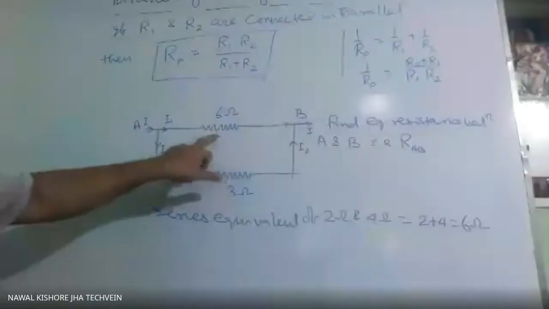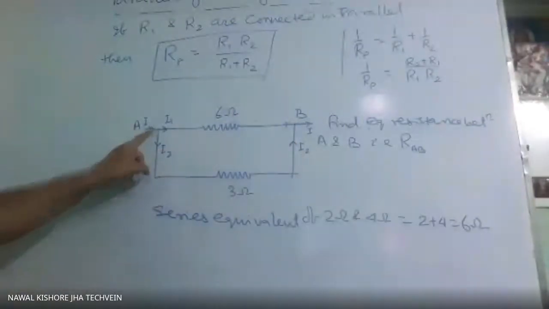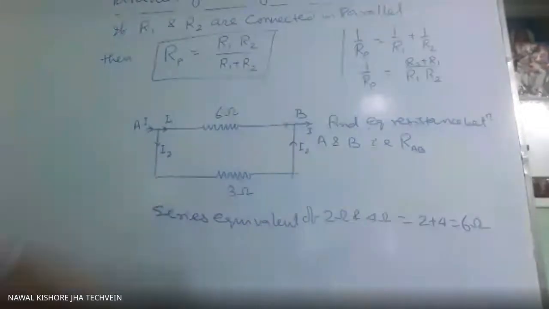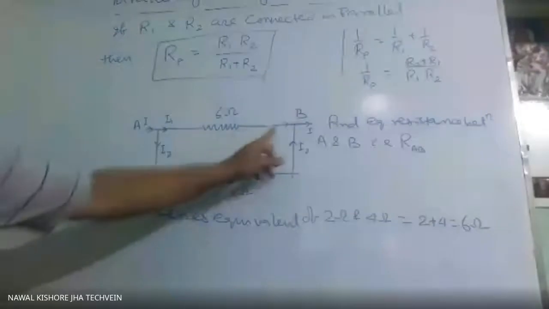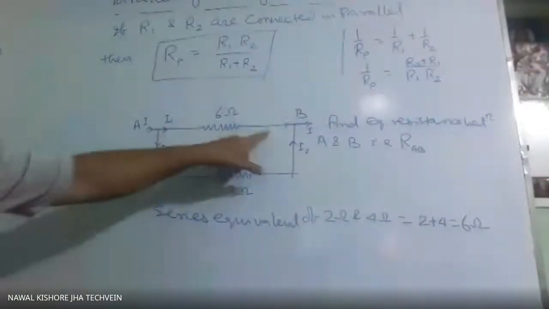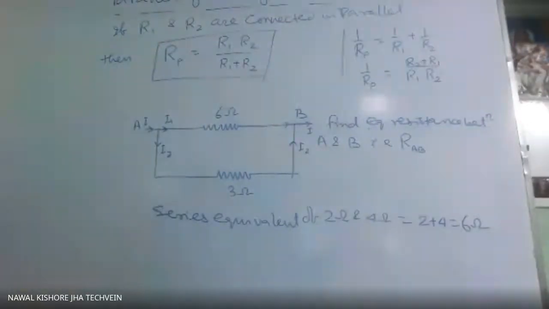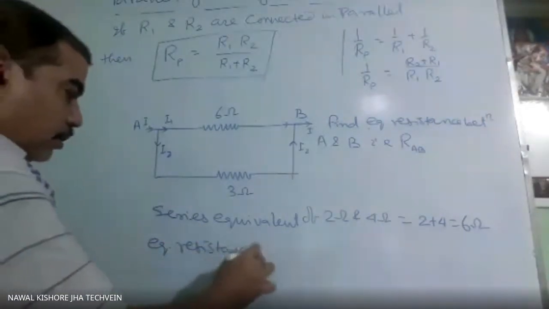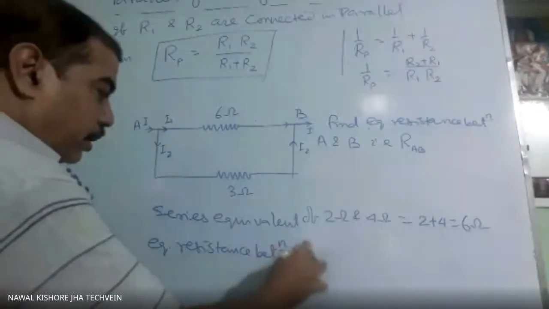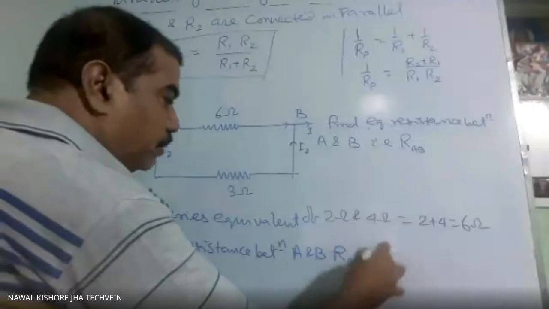One terminal of 6 ohm is at point A, the other terminal at point B. 3 ohm also, one terminal is at point A, the other terminal is at point B. So now this 6 and 3 are in parallel. 2 and 3 were not in parallel, 4 and 3 were not in parallel, but their equivalent 6 is in parallel to this. So we will now find the equivalent resistance between A and B, R_AB. This is the parallel equivalent.